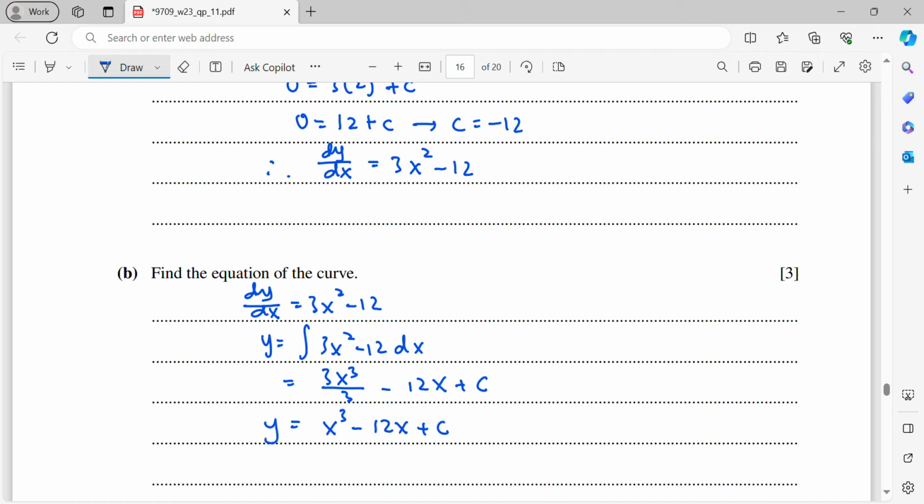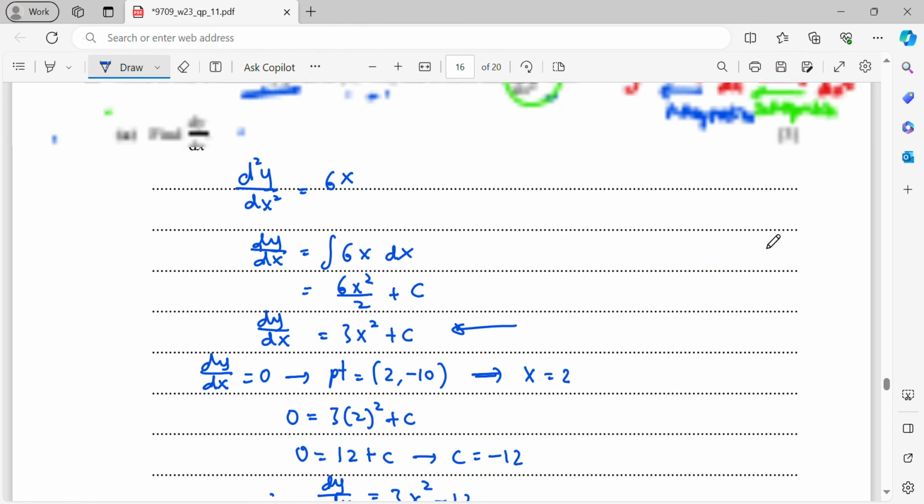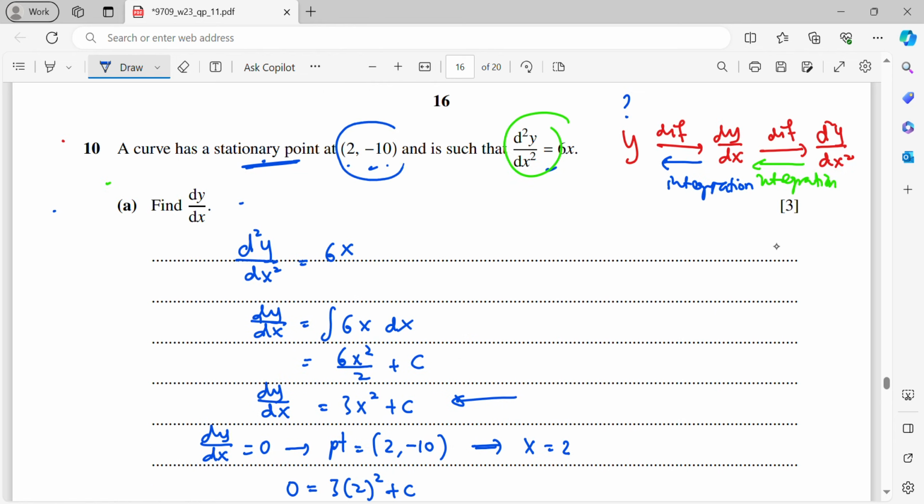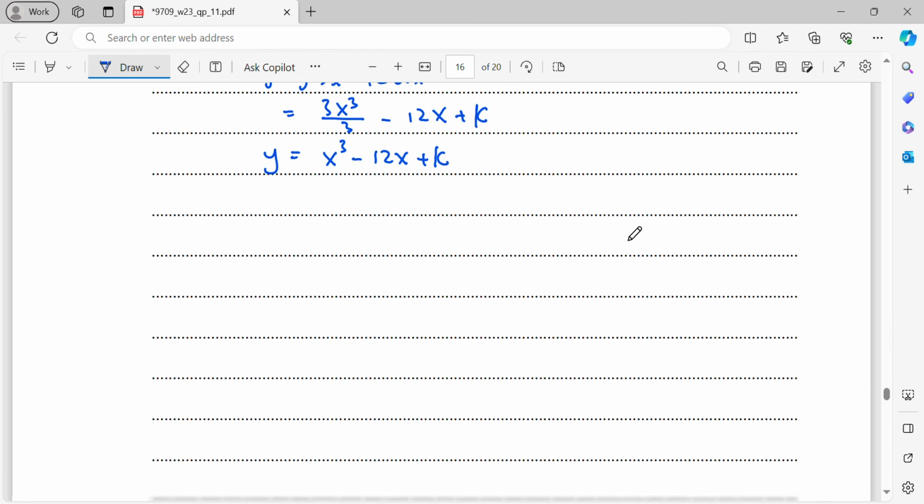This is my y. Now, if you don't want to use c, because just now we already used c, you can use other variables. Maybe I use k. To find k, I have to refer to this point (2, -10), because these are the x and y values. So your x is 2 and your y is negative 10.